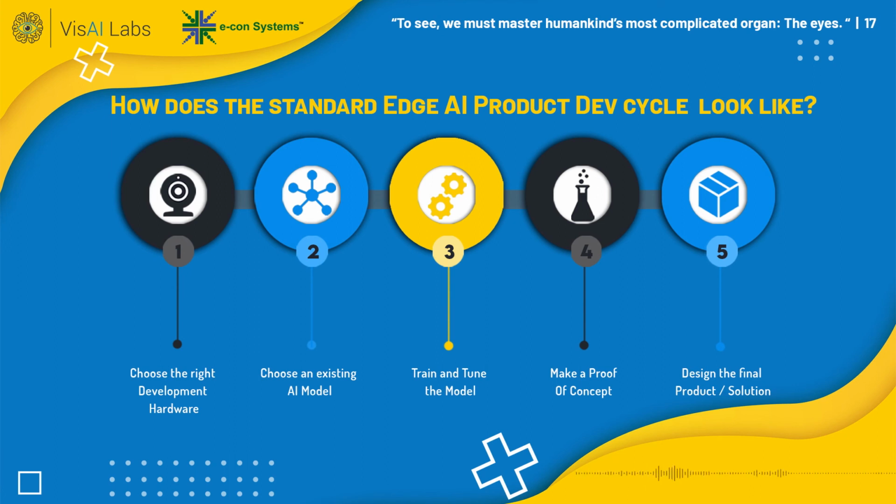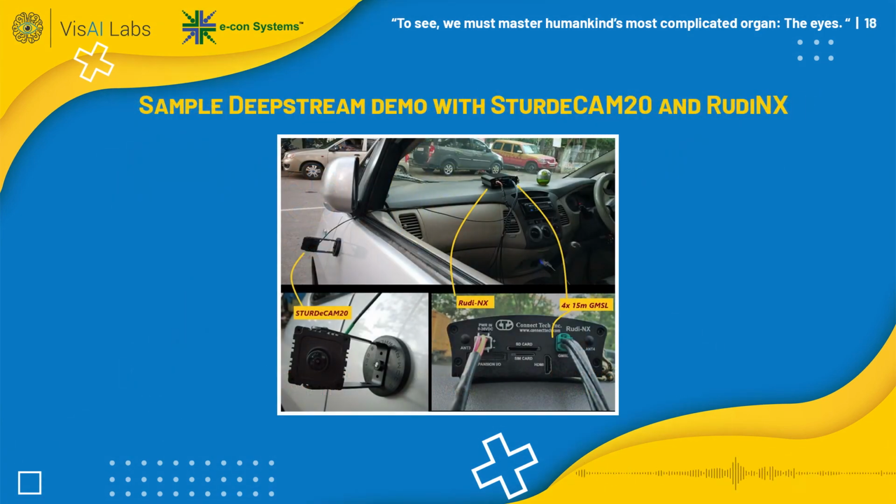Okay, so I'll show you a dev kit. This is a Rudy NX kit, which has an Nvidia Xavier NX inside it. And this is from Connectech. We have connected our SturdyCam, which is a rugged camera, which has connectivity over GMSL to the Rudy NX box.